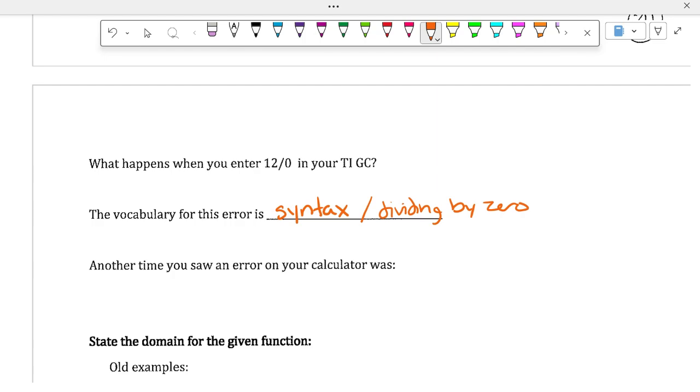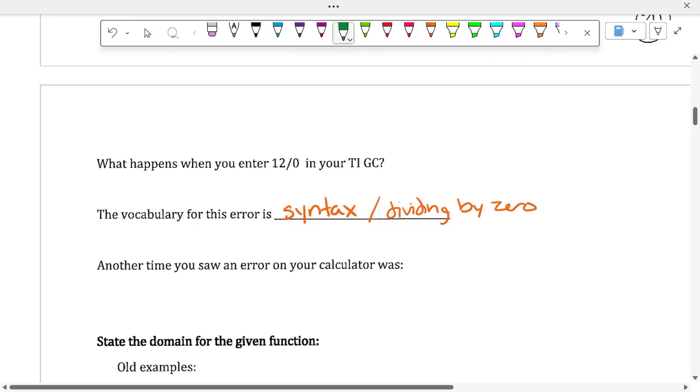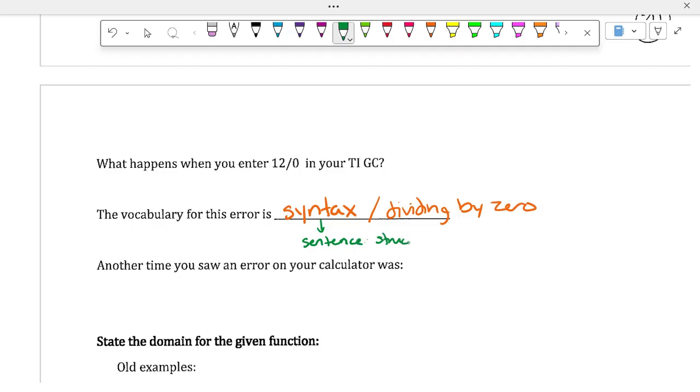In English class, what does syntax typically describe? So, in English class, syntax typically describes sentence structure, so how you word a sentence. Oh yeah, you guys have definitely learned this. So, syntax is just a fancy word for how you structure a sentence.